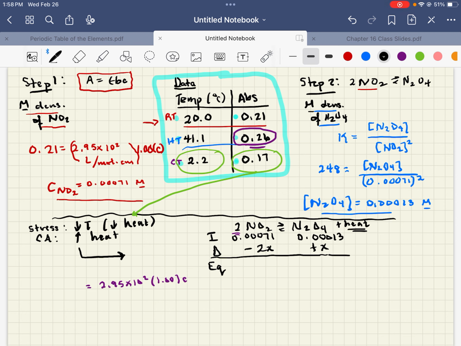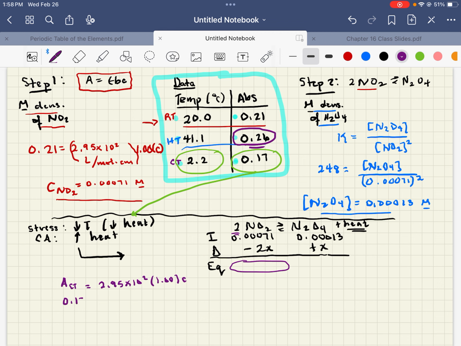And then you would continue forward just like you were before, where we figure out what is the actual equilibrium concentration here. And in order to do that, we would use the absorbance associated with the cold tube. So we would come down and bring 0.17 equal to 2.95 times 10 squared times 1.00 times C. And then once we found that concentration, that's my concentration of NO2 at equilibrium at the cold temperature.